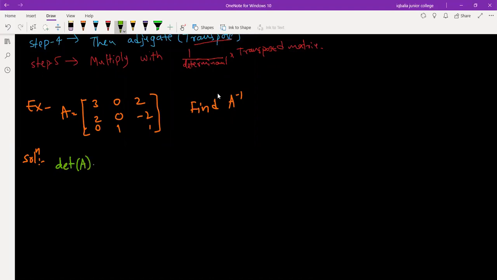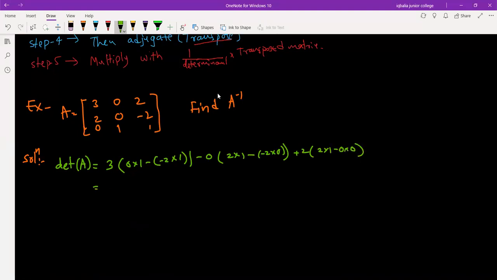So determinant of A will be 3 into 0 into 1 minus 2 into 1, minus 0 into 2 into 1, minus 2 into 0 into 0 plus 2 into 2 into 1 minus 0 into 0.